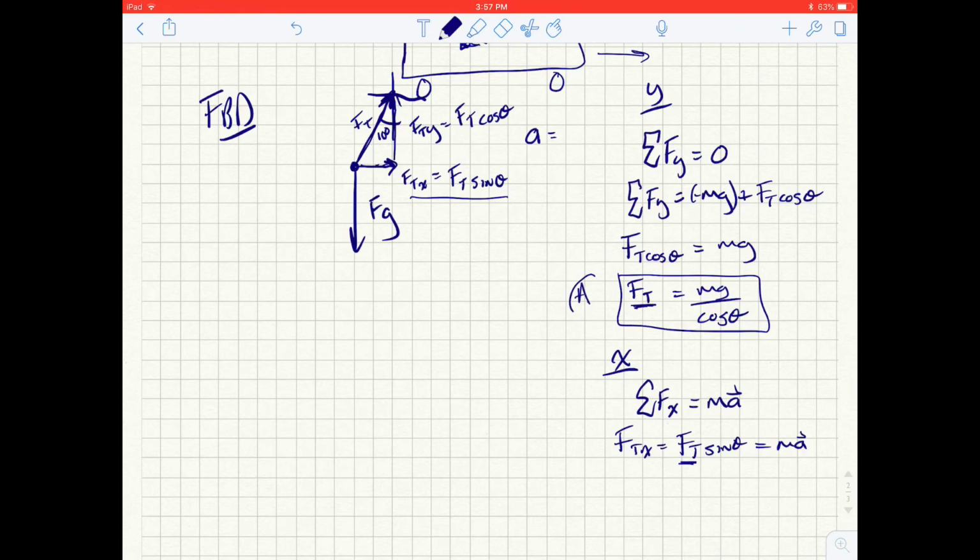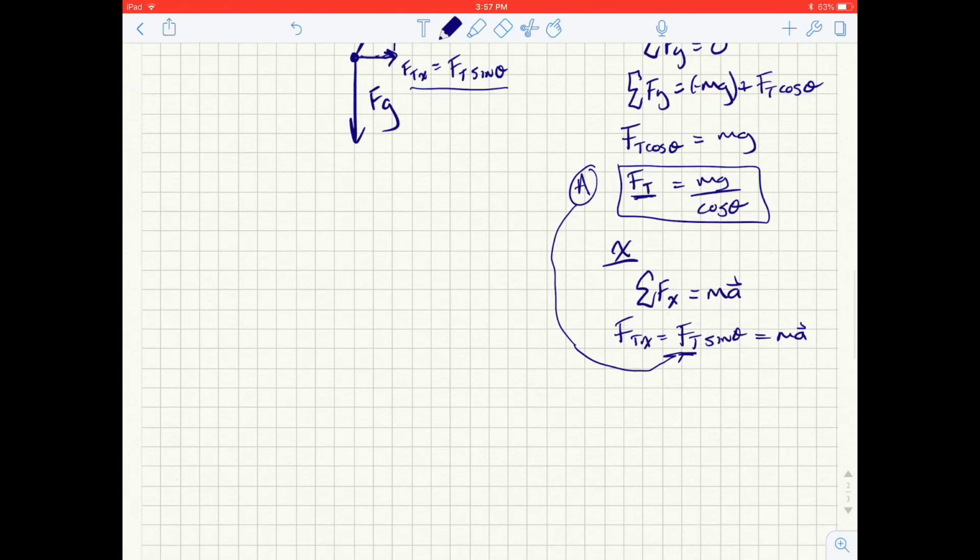If we substitute in equation A into Ft, we may be able to simplify further and come up with a description of the acceleration. Let's do that though. So we have mg divided by cos theta multiplied by sine theta is equal to the mass times the acceleration.